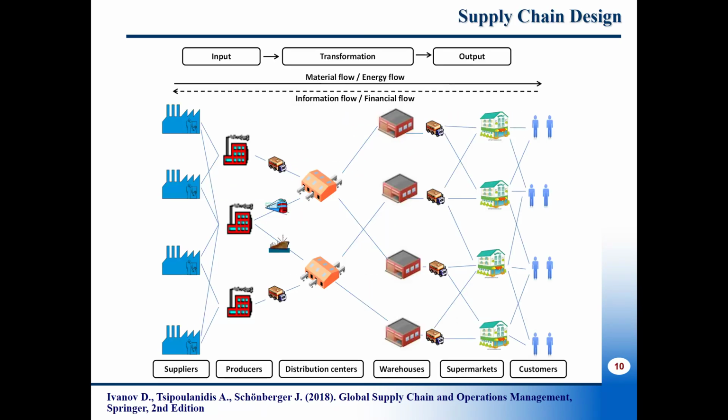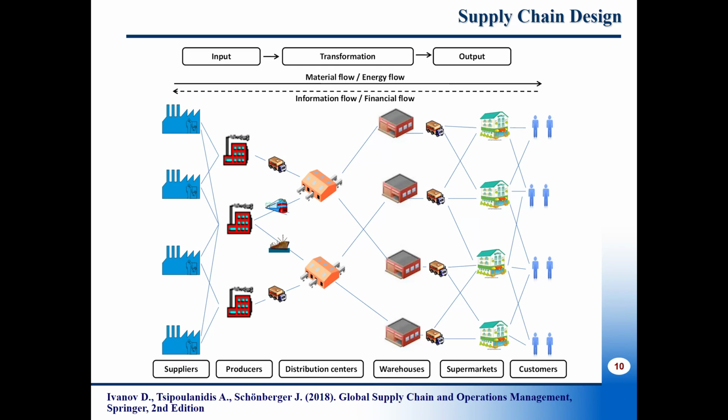And this is the figure of a supply chain network. We have four suppliers delivering raw materials to three factories, that is the manufacturing centers. And from factories, they use different transportation modes, that is trucks, trains or ships, to distribution centers.